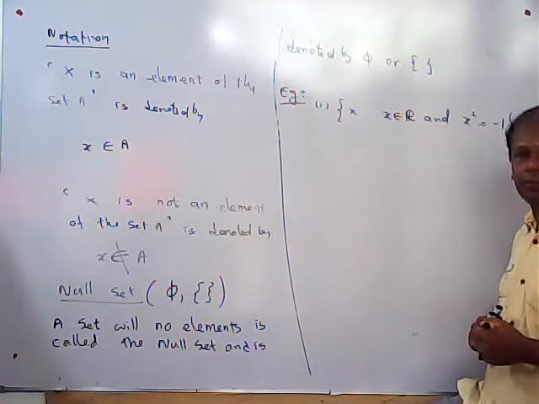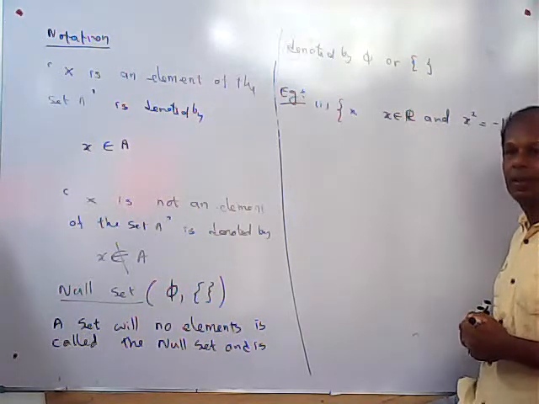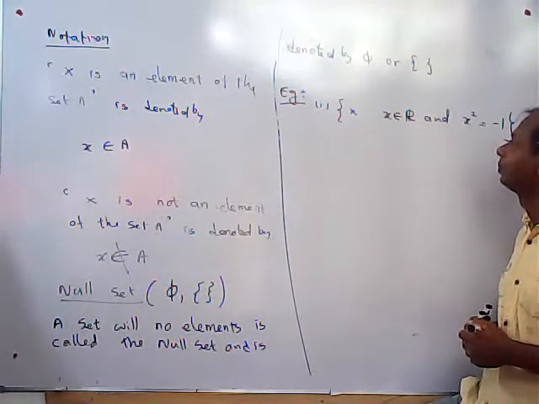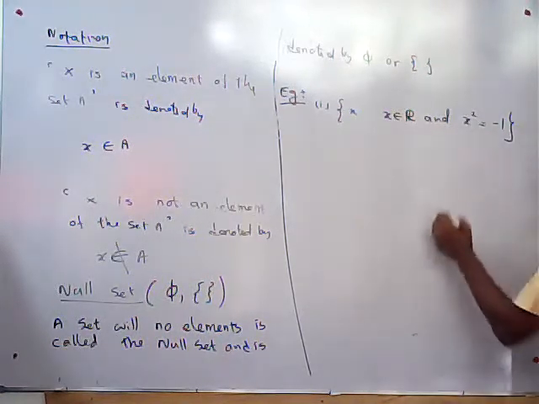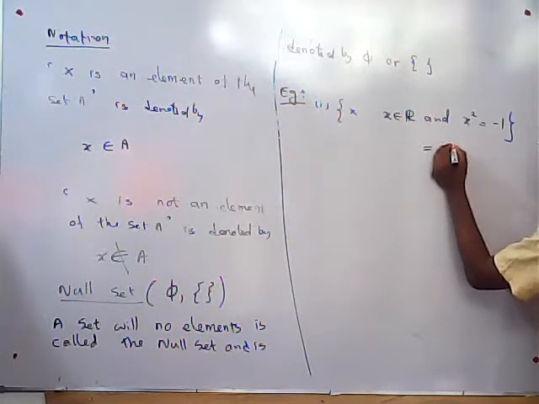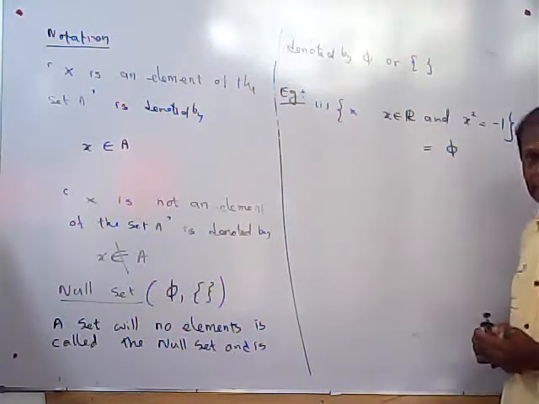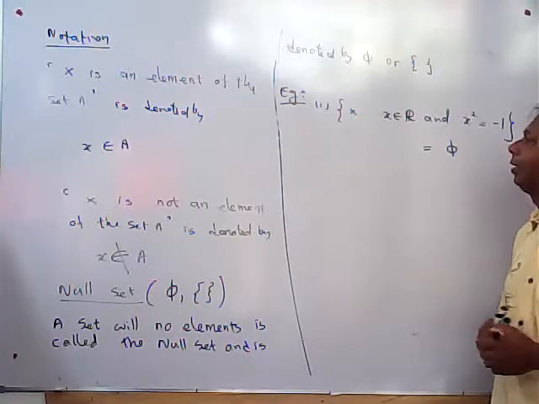Do you find elements of this? So you can't find any element of this. So it's equal to the null set, right?